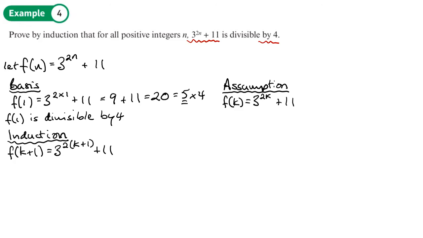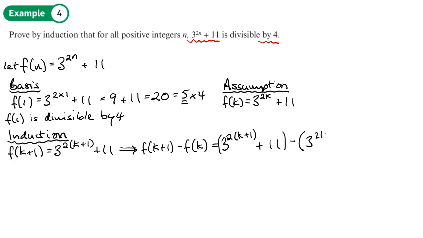So after this, what we now do is f of k plus 1 minus f of k, and we want to show, is this divisible by 4? So that'll be 3 squared, and that power gets times by k plus 1 plus 11, so that's f of k plus 1, and we're subtracting f of k, which is 3 to the 2k plus 11.